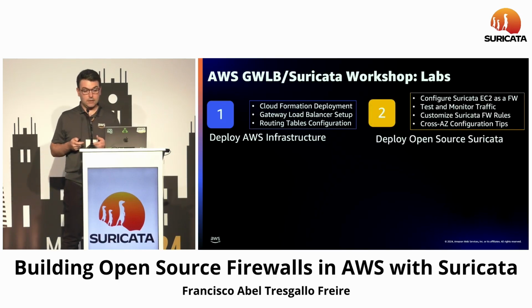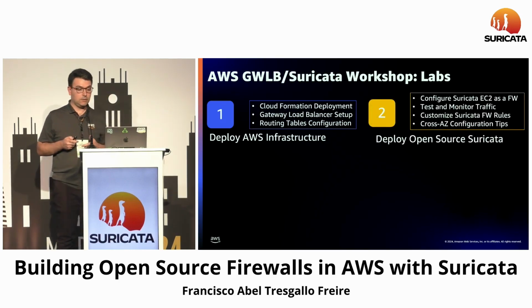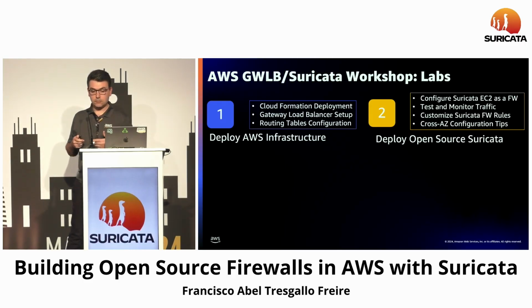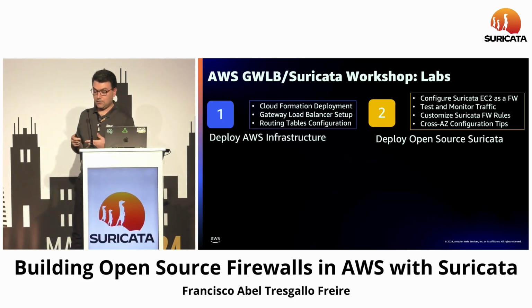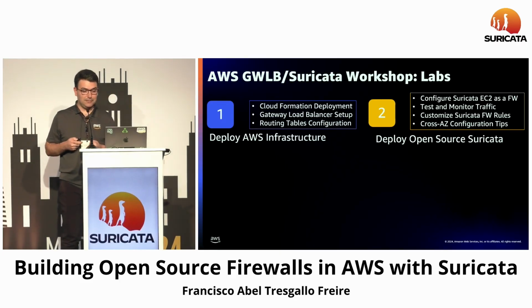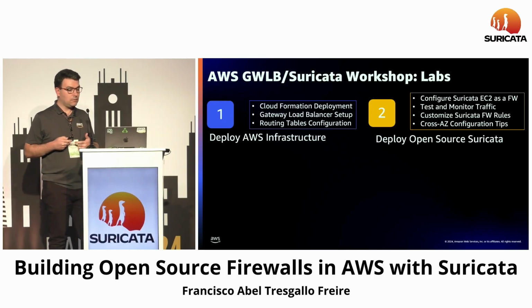The second part of the lab is perhaps the most interesting because it's about seeing how to implement from scratch a Suricata firewall running on EC2, and you are going to be able to customize it. In this regard, I assume you are very skilled in this topic, so you can play with it and customize the firewall rules.